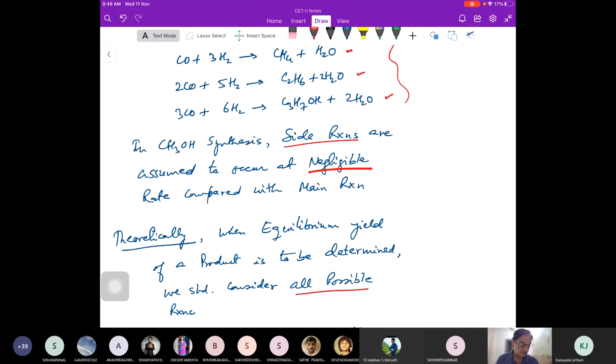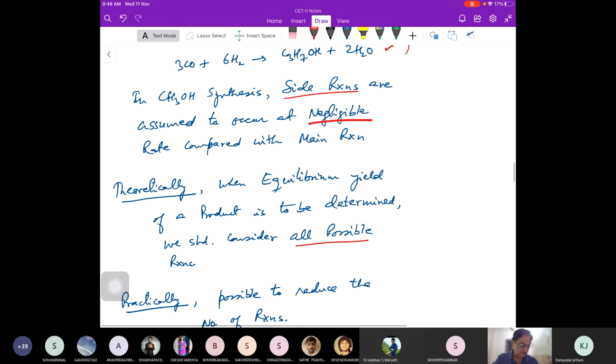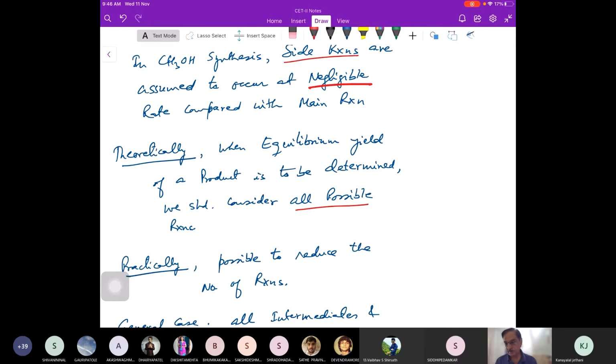Theoretically, when equilibrium yield of product is to be determined, we should consider all possible reactions.